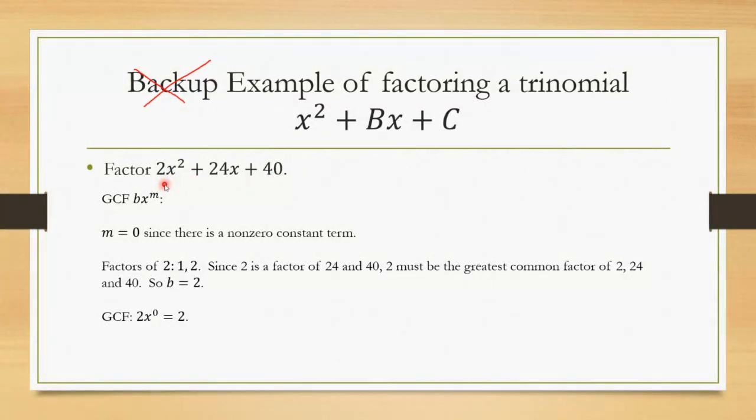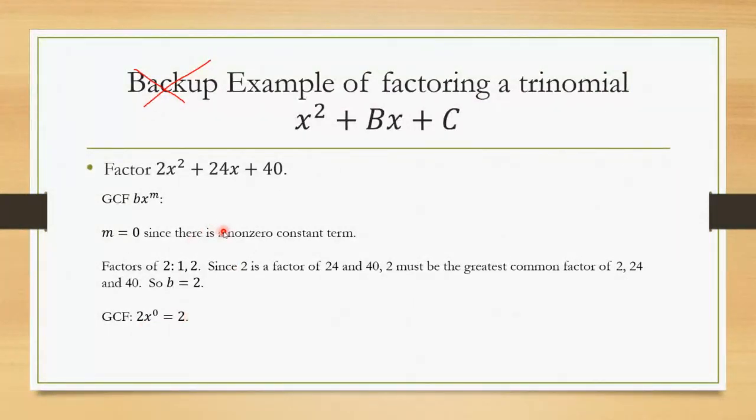We know that 2 itself is a factor of 24 and 40. That forces 2 to be our b. Basically, the greatest common factor among 2, 24, and 40 has to be 2. So we get b is 2. So in this case, our GCF is just 2.